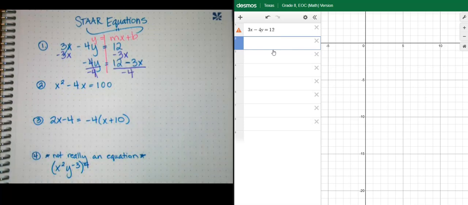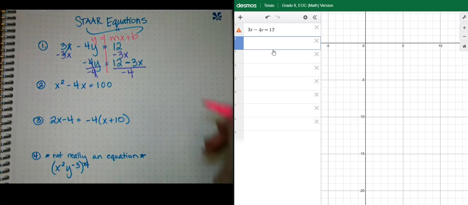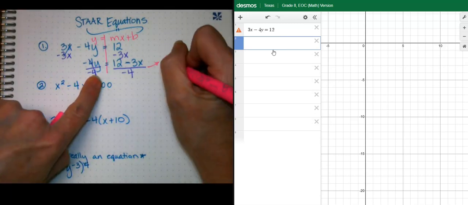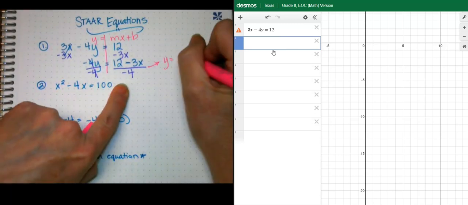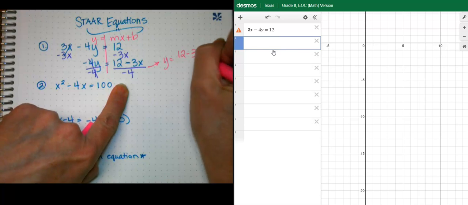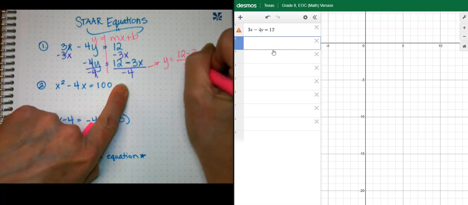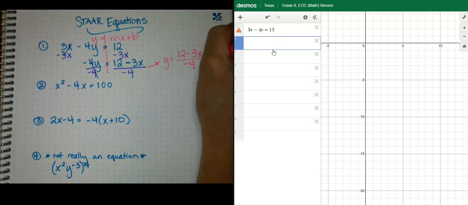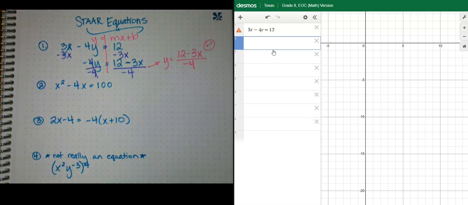So now I'm left with an equation over here, hoping you can still see the edge of my paper, and you can, that says y equals 12 minus 3x over negative 4. This you can graph in Desmos, right? Not as pretty as I would like it to be for slope-intercept form, but it works.